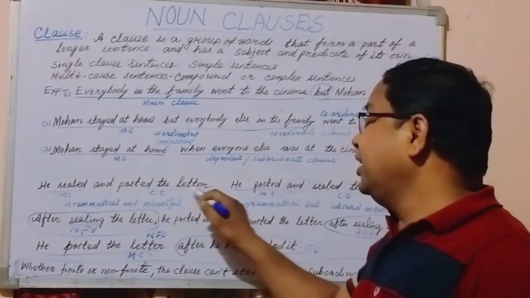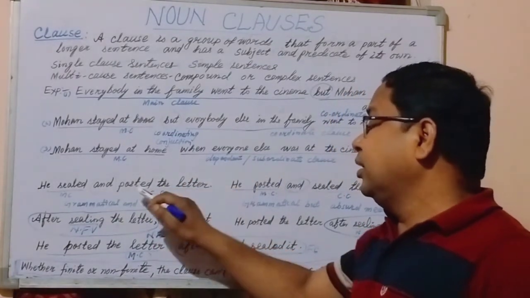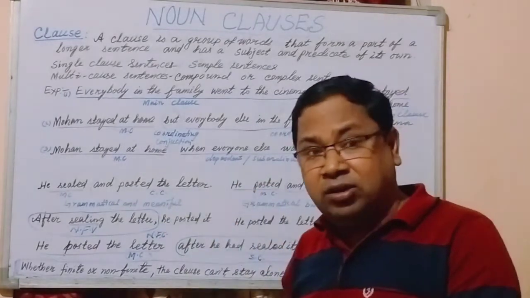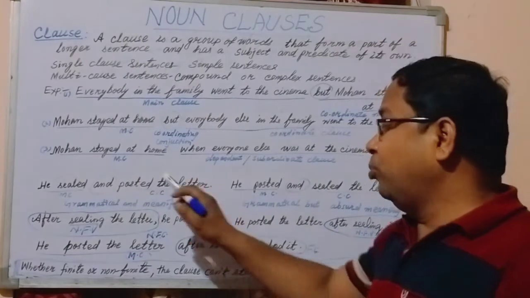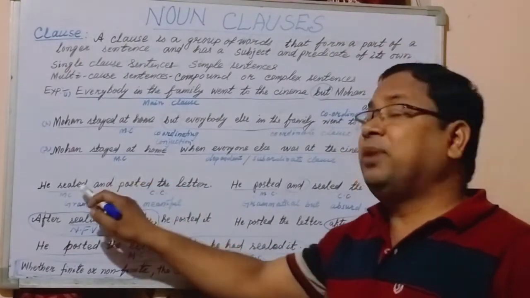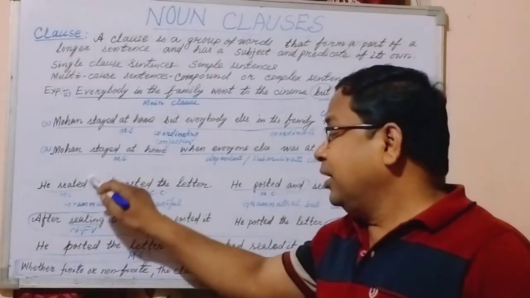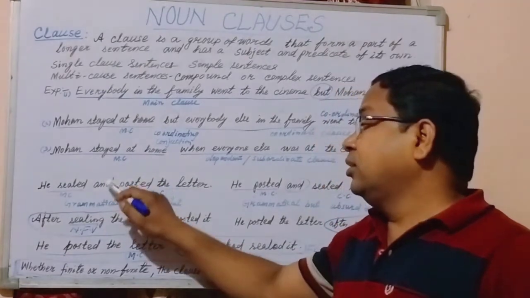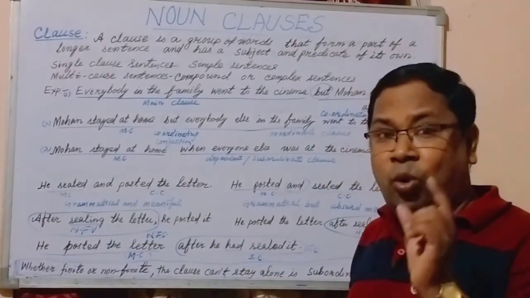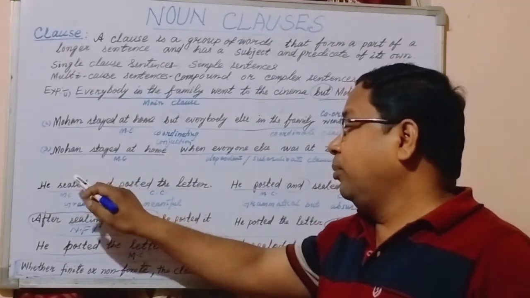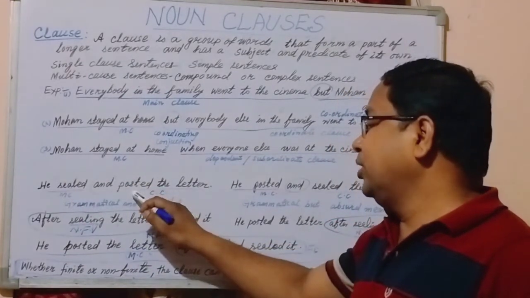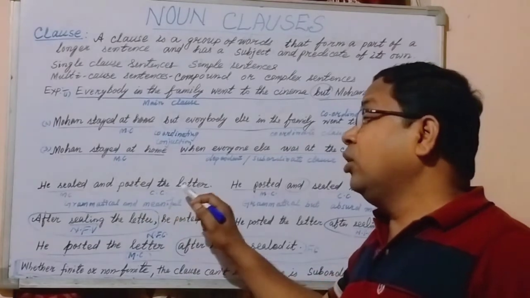Likewise, posted the letter means he posted the letter, so he posted the letter is another clause. Both the clauses can be separated, and they are joined by a coordinating conjunction, that is and. So the first one is the main clause and the second one is the coordinating clause.